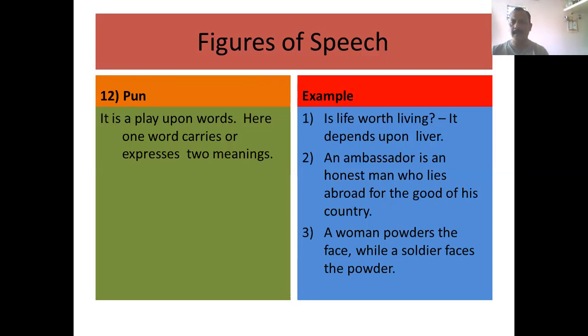And a soldier faces the powder. Here powder means indirectly the soldier uses the gun, and in that gun the powder is used. So powder has two meanings at that time. It is called pun. So here one word carries or expresses two meanings. It is called pun.